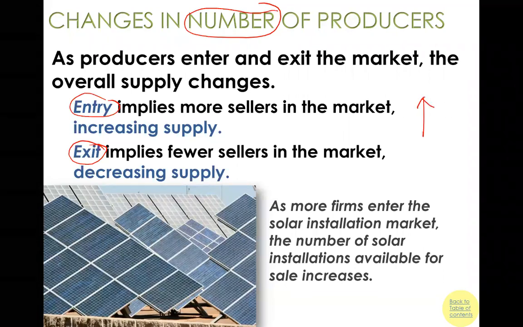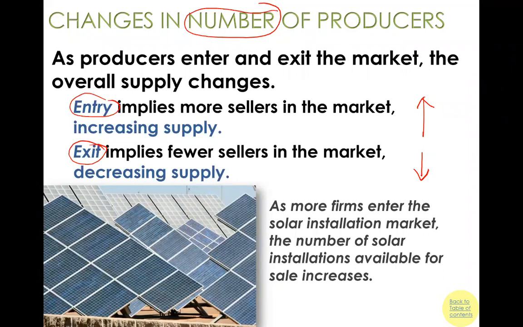You may be wondering why we are seeing higher entry. It must be the case that people feel, oh, this is more profitable. On the other hand, exit implies fewer sellers, a decrease in supply. And similarly, this must have been the case: people find out, oh, this market is not profitable anymore, so we had better exit to avoid losses.